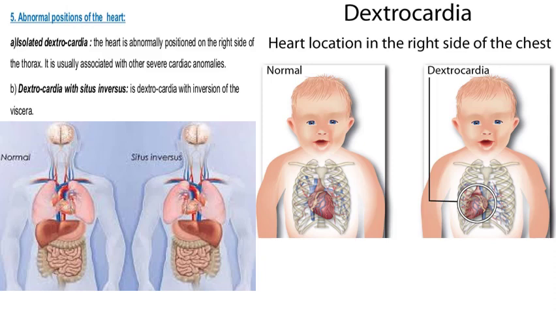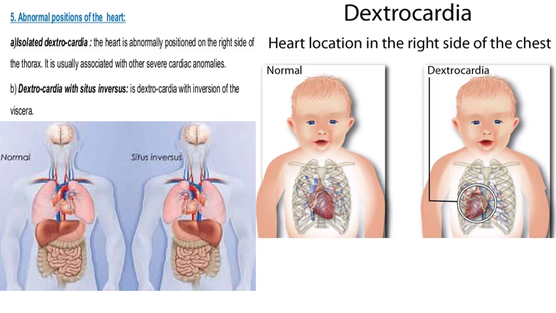So the right lung will be on the left side, the left lung on the right side, and the heart will be on the right side. The apex of the heart, which is normally on the left part of the thorax, is here on the right side. All organs are in their opposite directions.